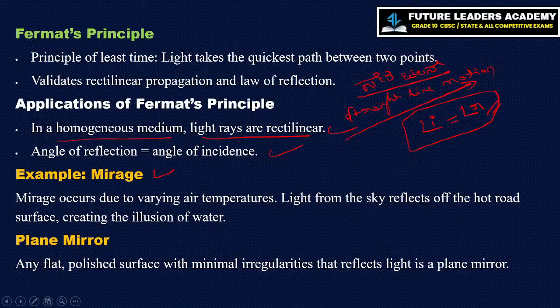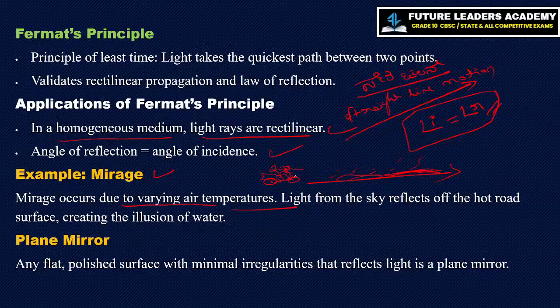Understood? So then the example is a mirage. What is a mirage? A mirage occurs due to varying air temperature. For example, there is a road, and the temperature on the road keeps rising. But you will feel that somewhere on the road there is water. Someone is traveling by bike, sitting and riding the bike.